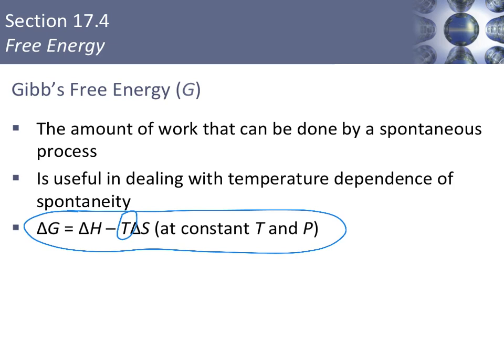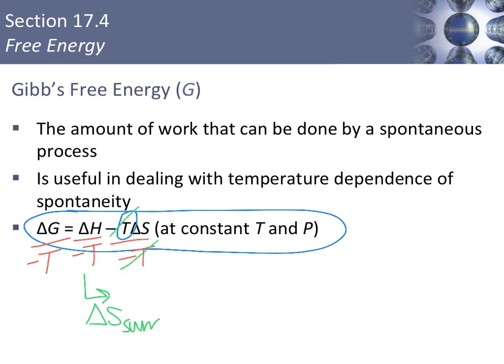Now, let's take this equation and divide by -T. You may remember from an earlier section in this chapter, negative delta H over T was equal to the entropy change for the surroundings. And over here, the negative T's are going to cancel.